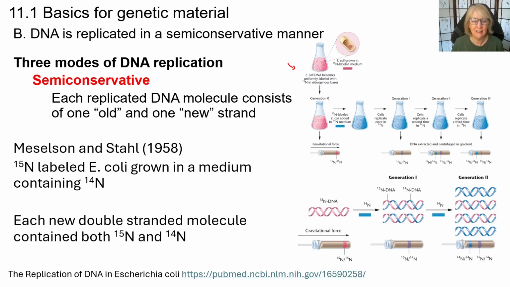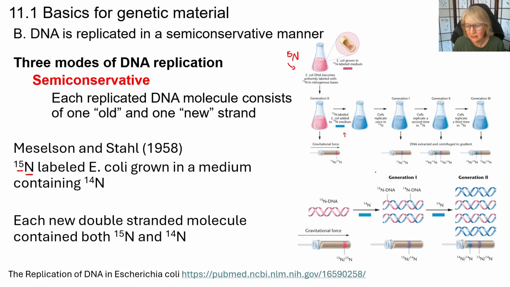Meselson and Stahl in 1958 took some DNA, this is E. coli DNA, and they labeled it with nitrogen 15. That nitrogen 15 was built into this organism's DNA, so all of the nitrogen in its DNA was nitrogen 15. They then added nitrogen 14, which is the normal nitrogen, to the generations of bacteria and let them replicate.